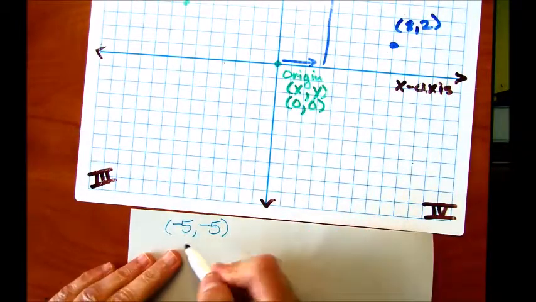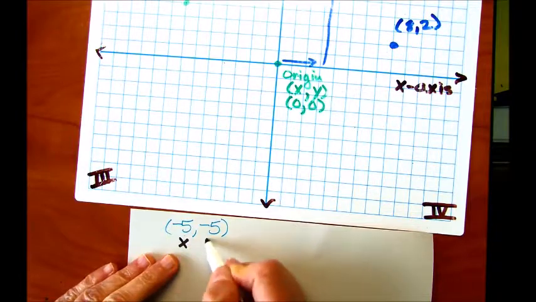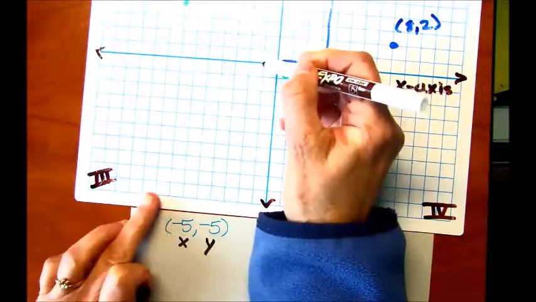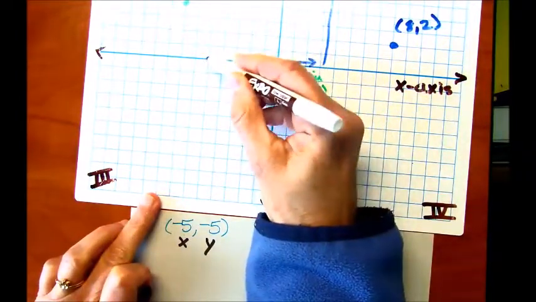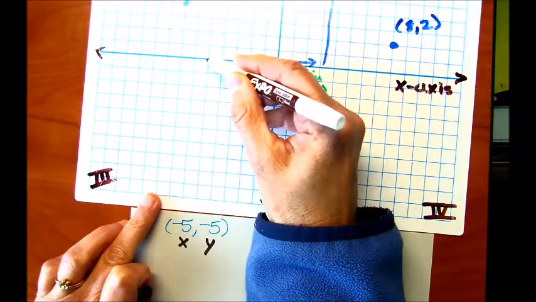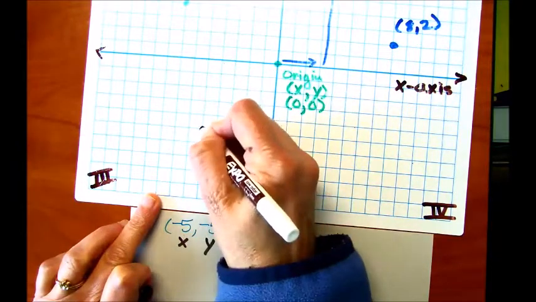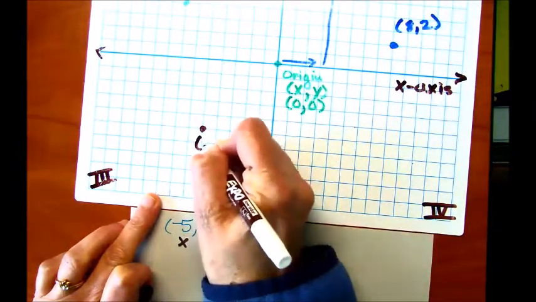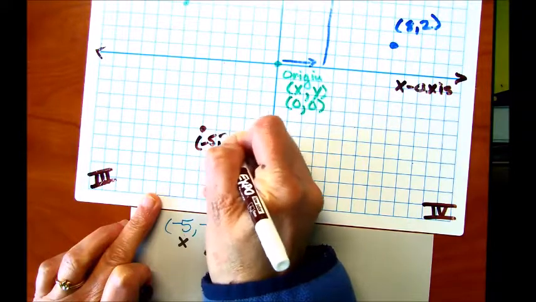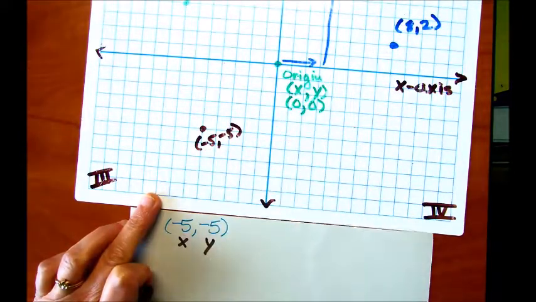So again, I'm going to start with my x. This is my y. So 1, 2, 3, 4, 5, and then down 5, because I'm going to be in the negative. 1, 2, 3, 4, 5. -5, comma, -5.